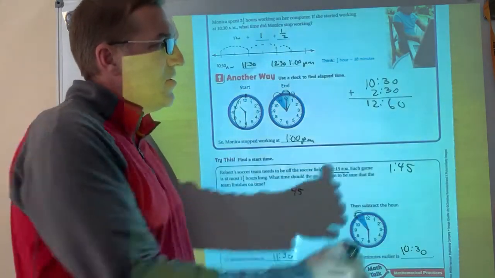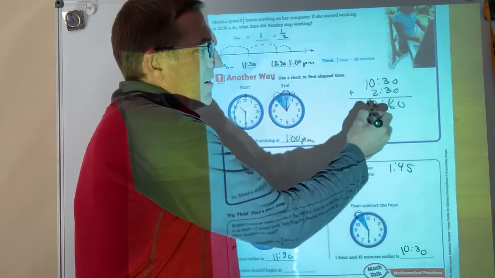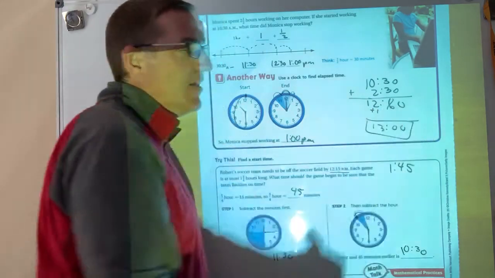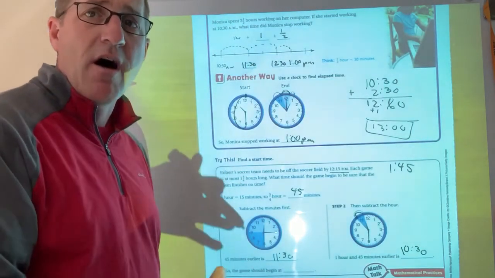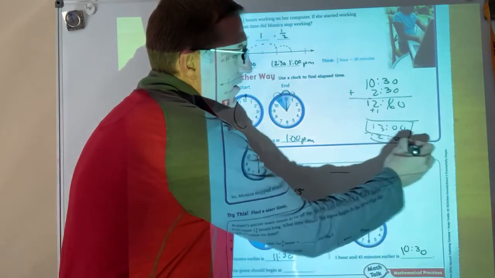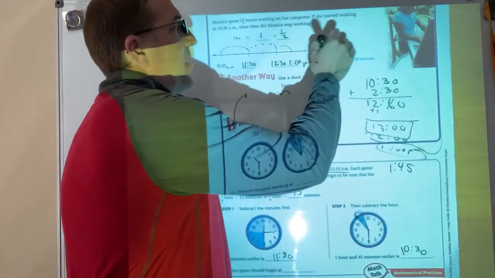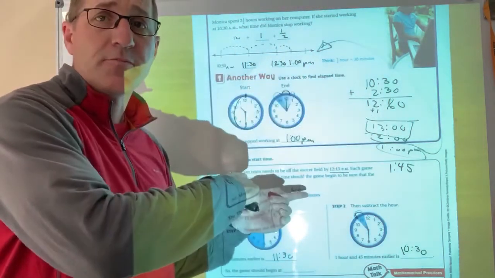Well, anytime you know that this is a 6, I'm gonna cross that out and add 1 here. Okay, and that's gonna give me 13 o'clock. This is what we call military time. Anytime I get military time, I just subtract 12, and I get the actual time. Minus 12, and I get 1 o'clock. Okay, which is the exact same time I got here. This is gonna come in handy with some of the other future problems, okay?